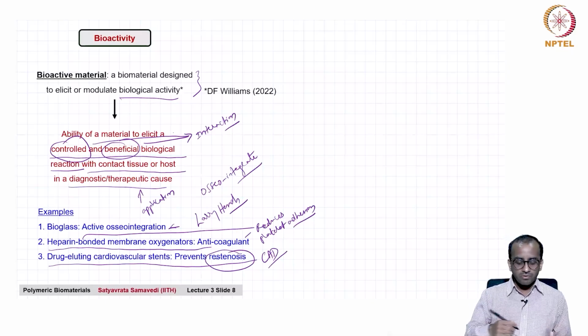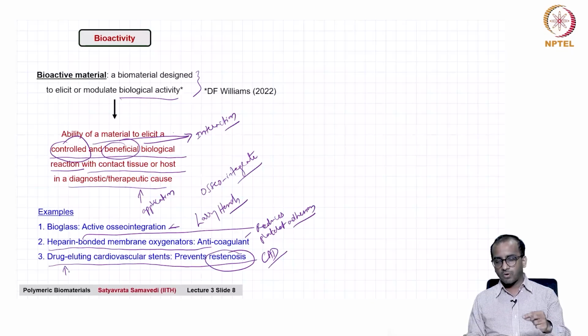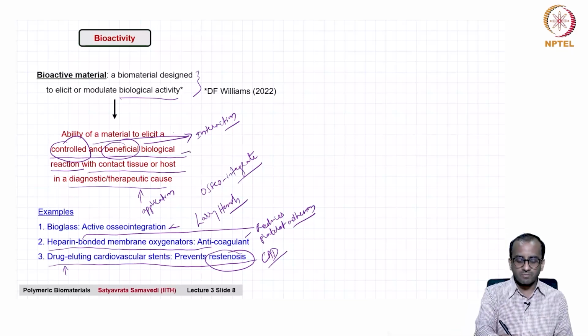So, what you can now do is to have drug-eluting cardiovascular stents that can release a specific drug with time that can prevent restenosis. So, not only are you solving the problem of the occluded artery right now, we are also anticipating that there can be restenosis, and we want to prevent that by having the material release a drug in a controlled manner that prevents excessive cell proliferation in that area, thus having a beneficial biological reaction.